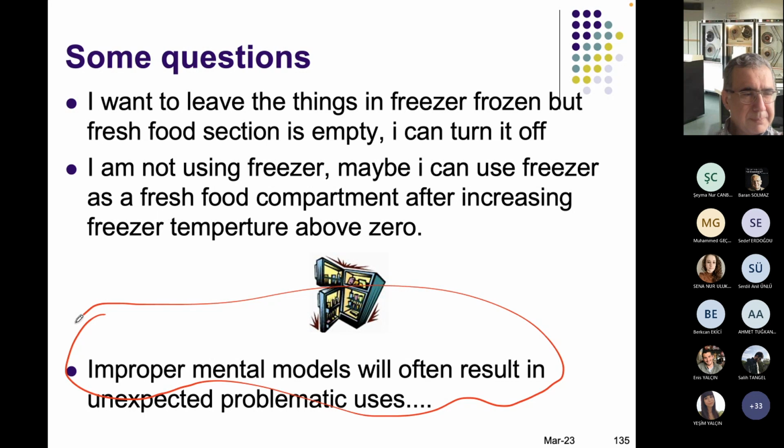For example, you are on the other side of Istanbul. Let's say we are on E5, D100, somewhere in Tuzla.